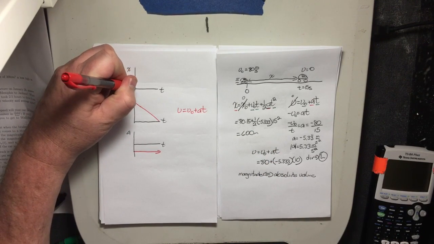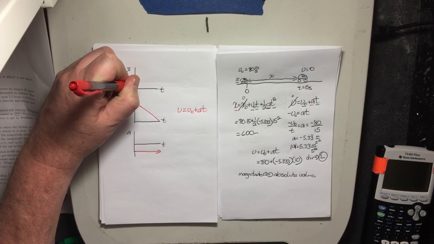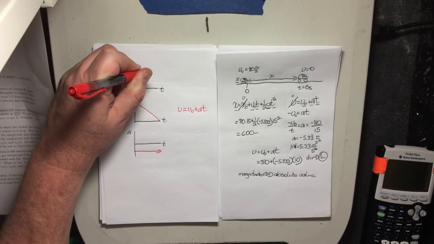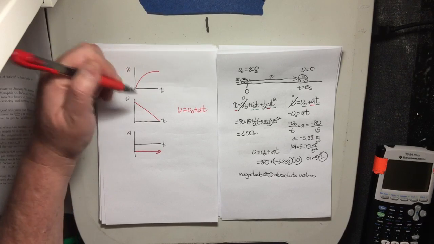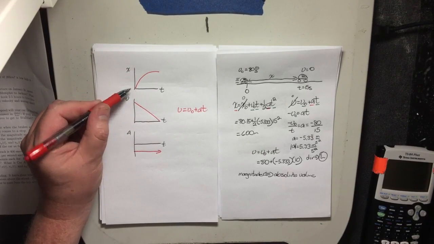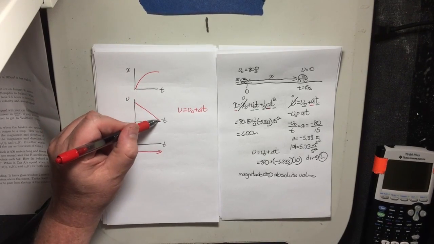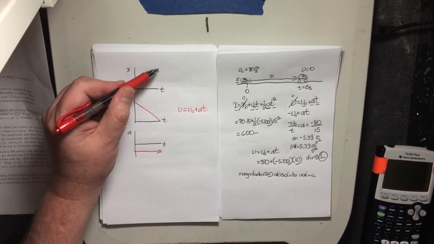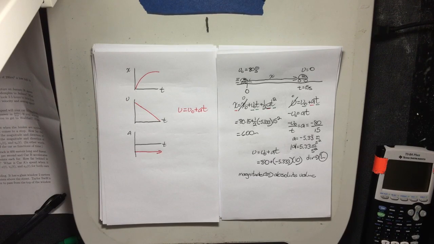The position looks like this. At the beginning, it has a high velocity, so the slope is large. With time, the velocity goes to 0, so the slope should flatten out to 0. And that's what we want.